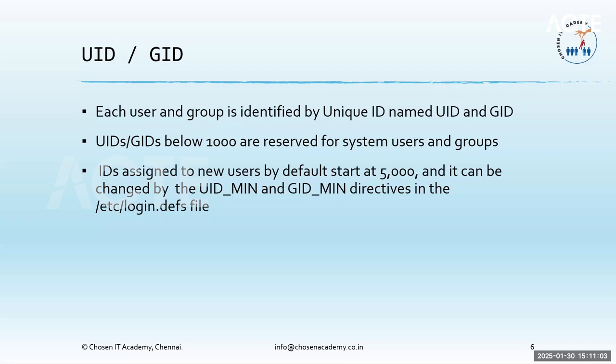Typically the UIDs for regular users and the groups that we create start from UID_MIN and GID_MIN, which are present in the login.defs file. It typically starts from 5000, which we can modify, but we should keep in mind that 0 to 1000 is meant for system users and groups.